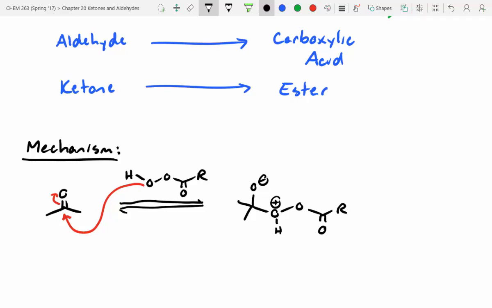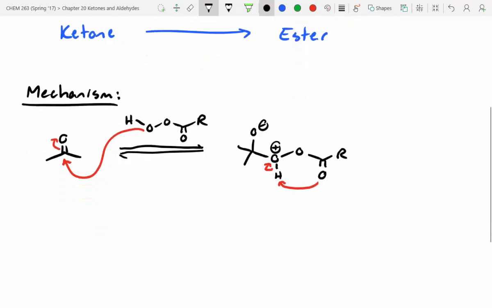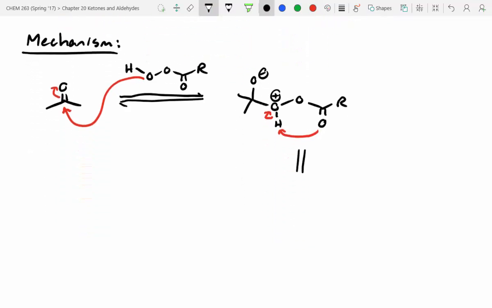Then we've got this intermediate. At this step, the carbonyl from the peroxy acid is going to steal the proton. It's actually close enough to do so intramolecularly. And this gets us set up for the oxygen insertion.